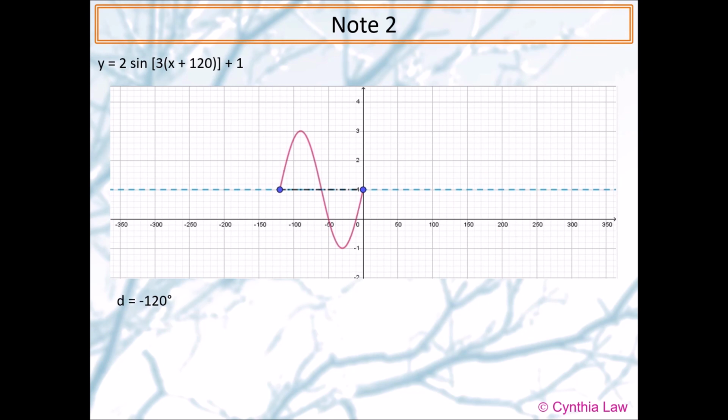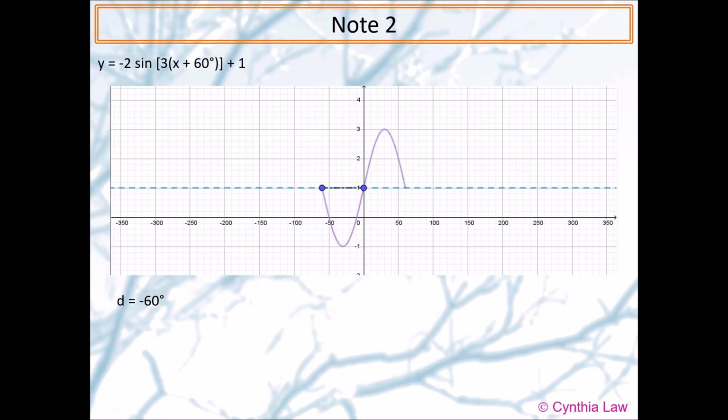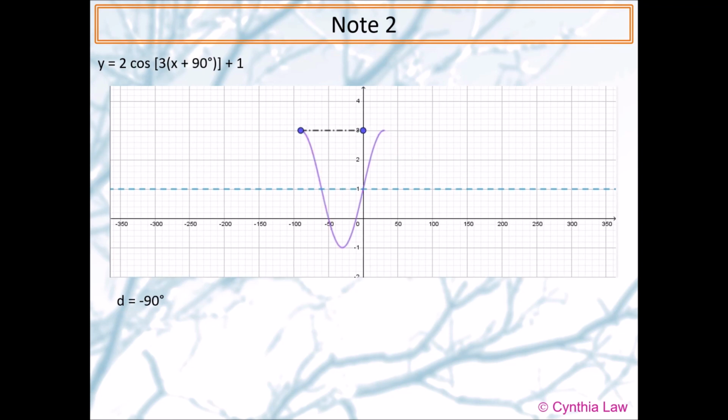So this one is shifted one cycle to the left of the positive sine function. So d is negative 120 degrees. For the negative of the sine function, we get d equals negative 60 degrees. For the positive cosine function that is shifted one cycle to the left, now my d is negative 90 degrees.